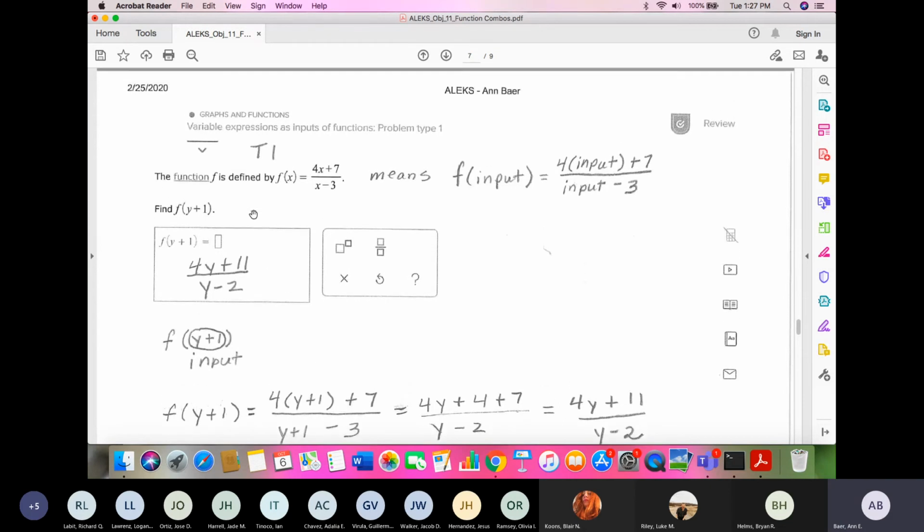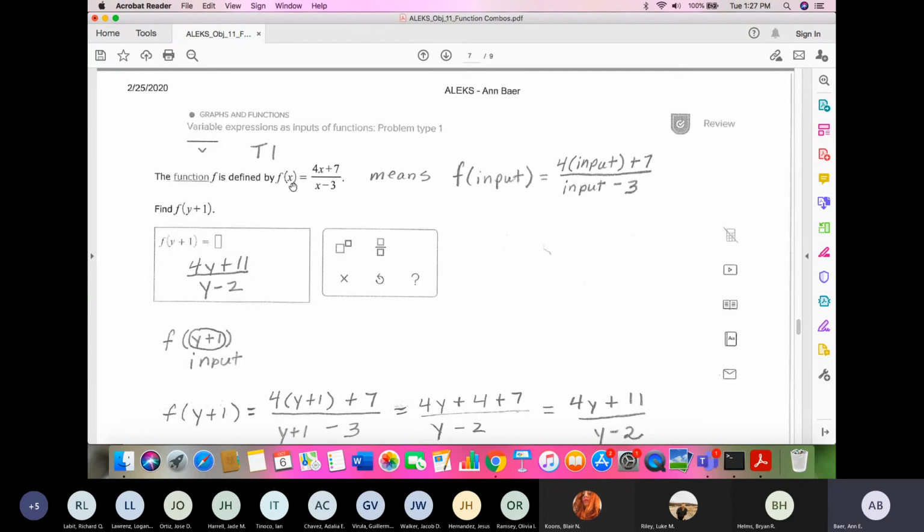What we want to talk about now is just how do we look at functions which have a variable in the original function, which is stated that the function is defined by f of x equals 4 times 7 over 3, over x minus 3.